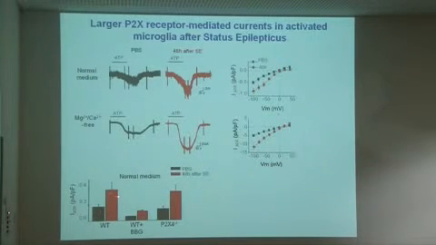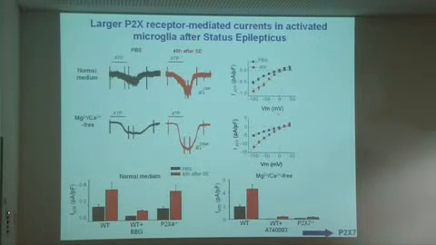epileptic animals. These responses, both in the control and the epileptic, are decreased by this compound BBG, which is an antagonist of the P2X receptors and mostly of P2X7 receptors, although it's not so clean. We did some experiments using a P2X4 knockout animal, and we didn't see a significant difference between this knockout animal and the wild type animal.